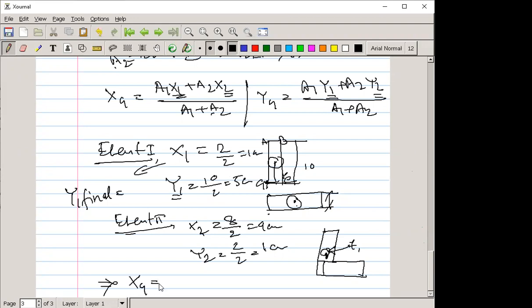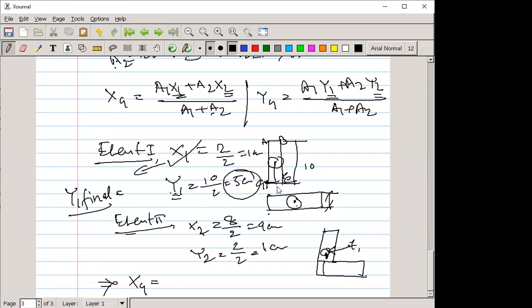So for xg, xg is a1 x1. So x1 is your 1 and y1 in this case is 5.